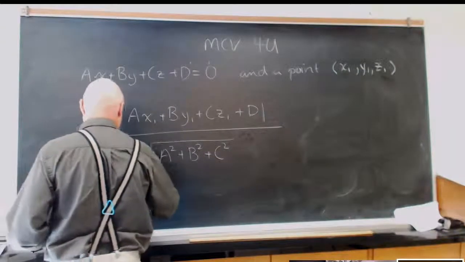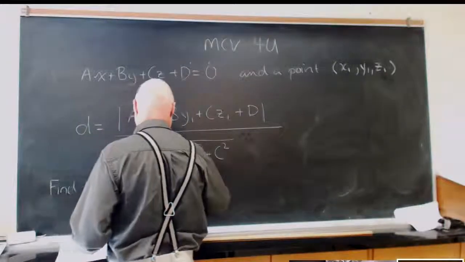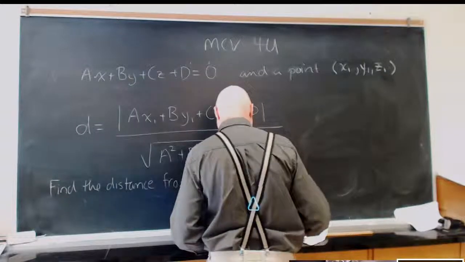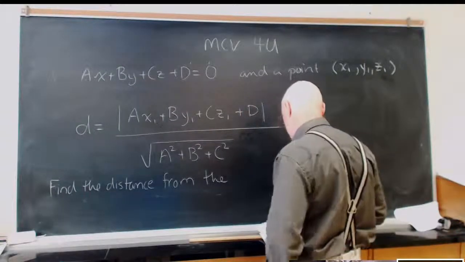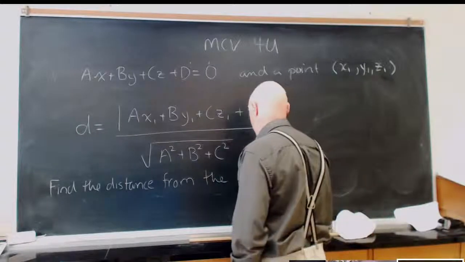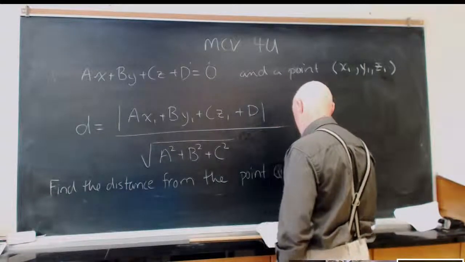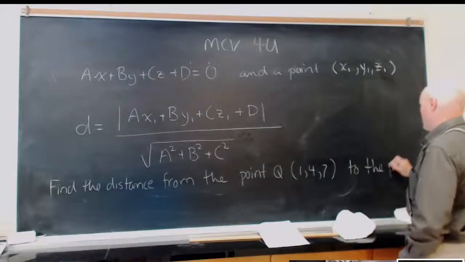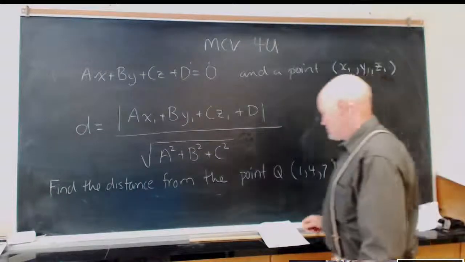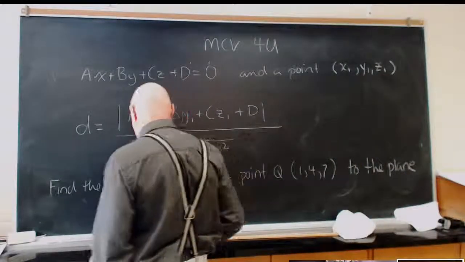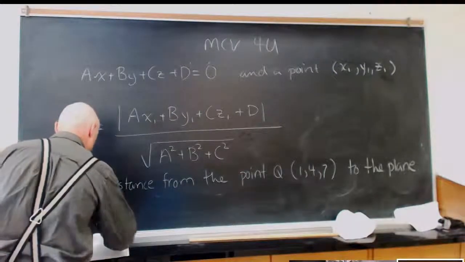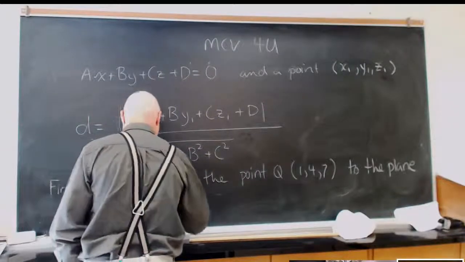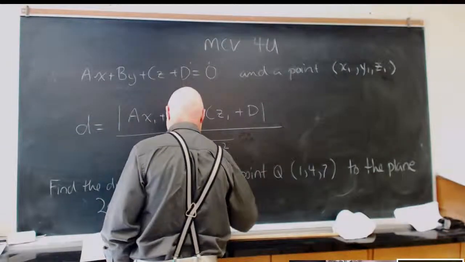So let's find the distance from point 2, which is 1, 4, and 7, to the plane that has the equation 2x minus 3y minus 3z plus 9 equals 0.